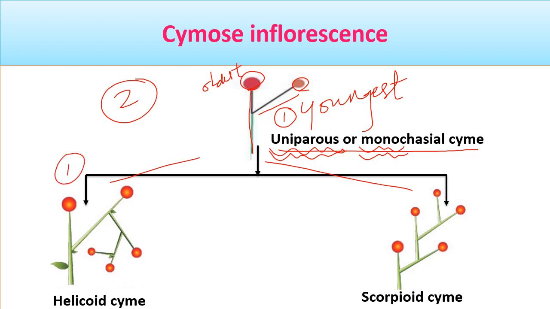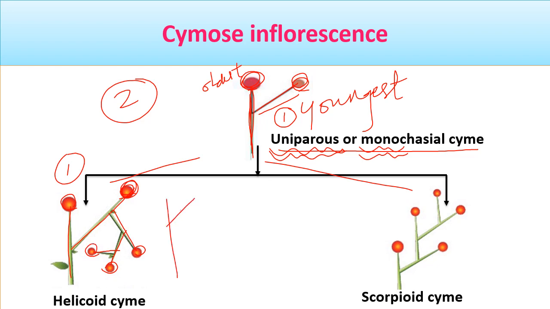Now if you look here, it has two different types. The first type is called helicoid cyme, where the axis of inflorescence terminates with the flower, same as this. Laterally it has one flower and again terminates like this, but further it again has one flower, and further again one more flower.